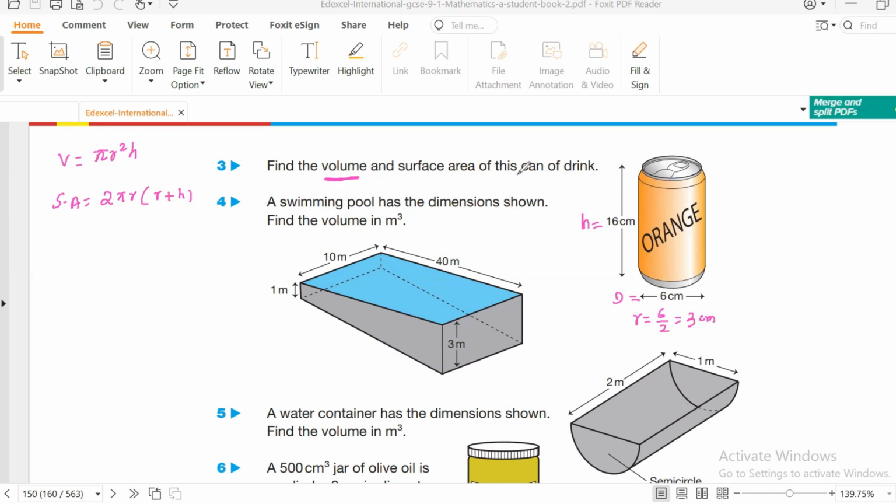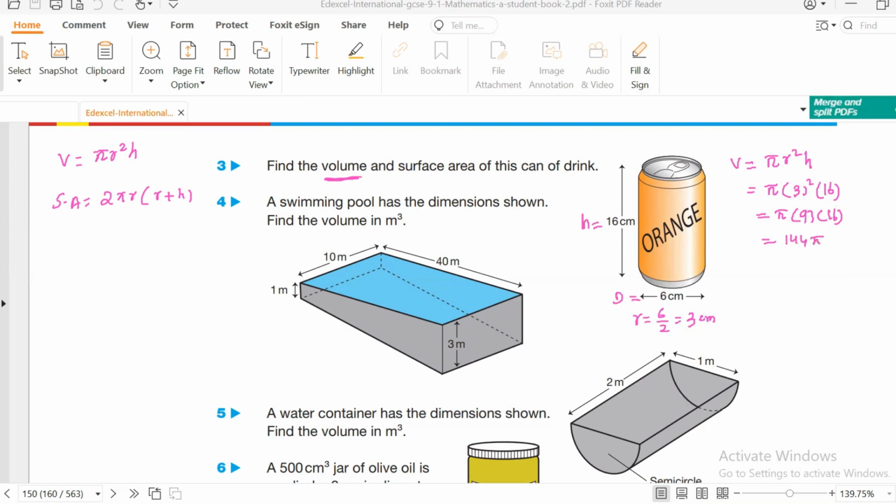First thing, we are looking for volume. V equal pi r square h, and r is 3 power 2, h is 16, so this could be pi times 9 into 16, which is equal to 144 pi.